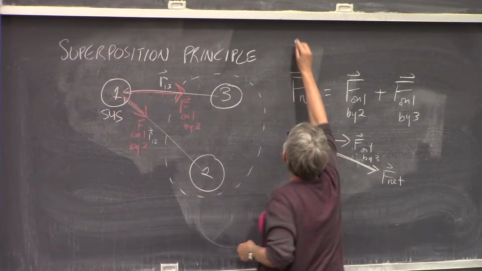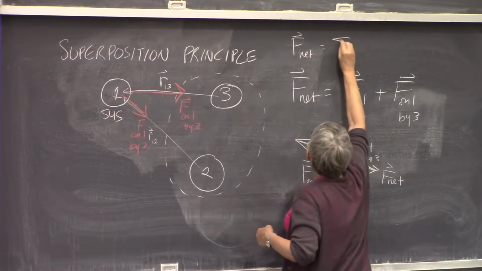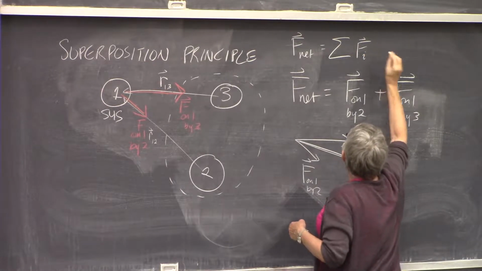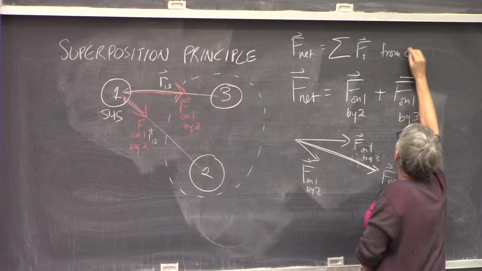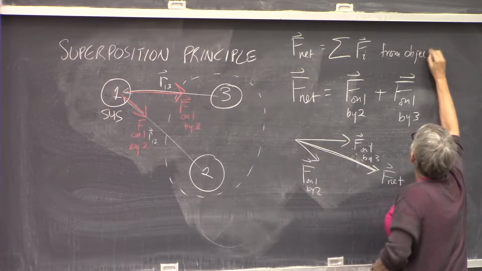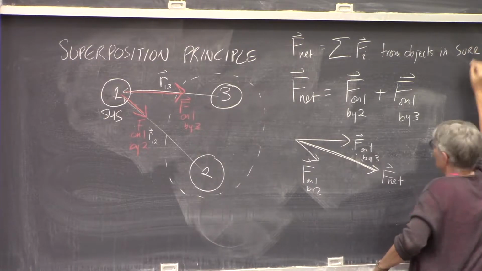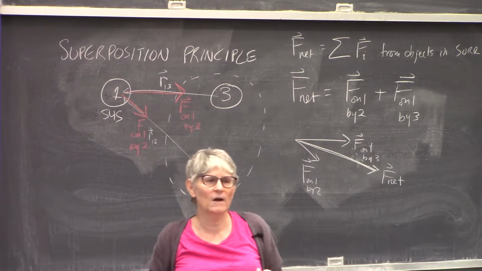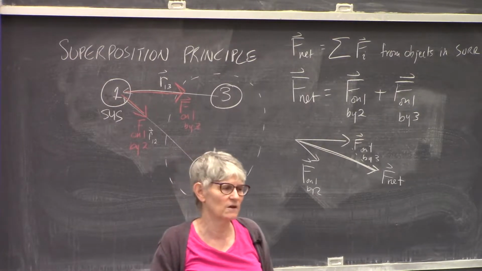So F net is just the sum of F sub i from objects in the surroundings. And there's another piece to this that's very important, which is that the presence of one object in the surroundings doesn't change the force exerted by another object.